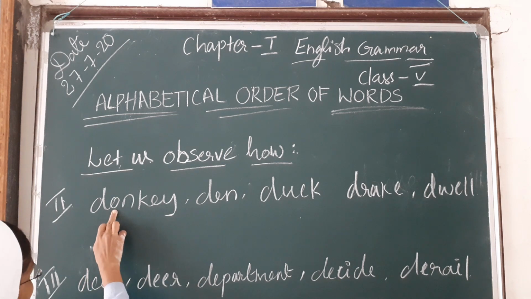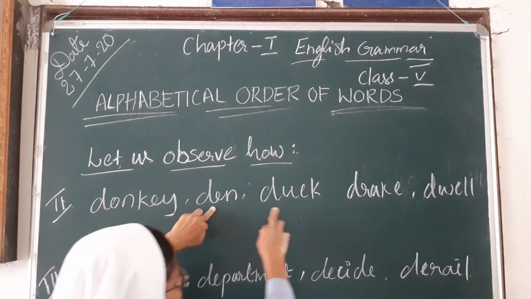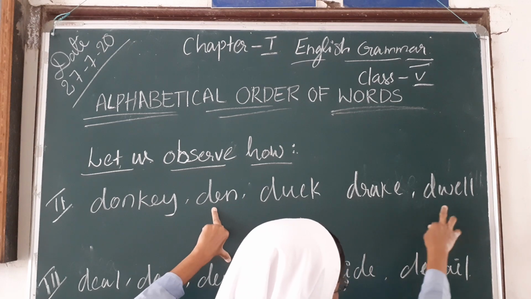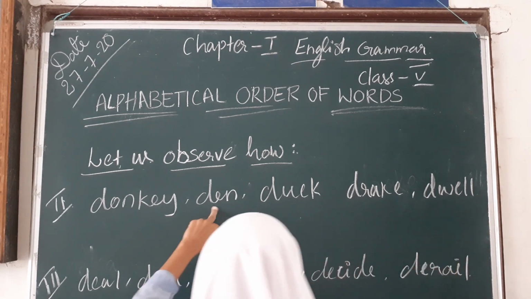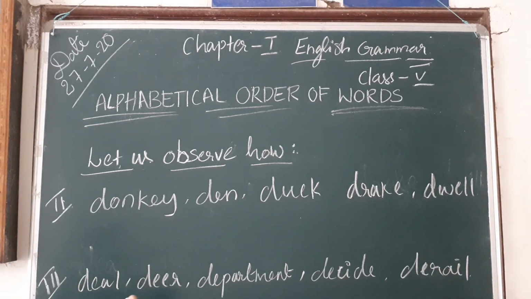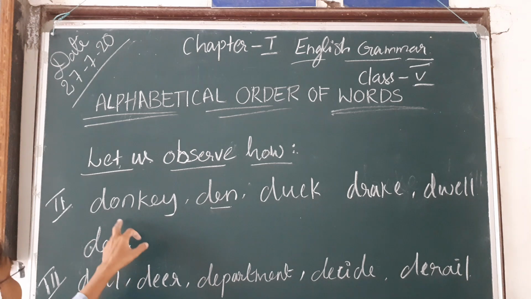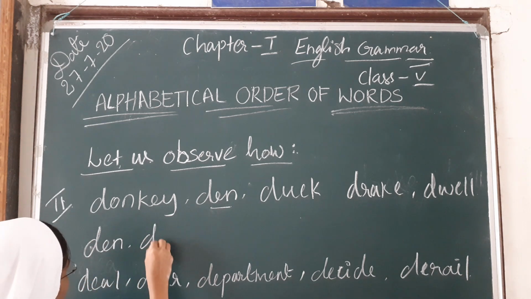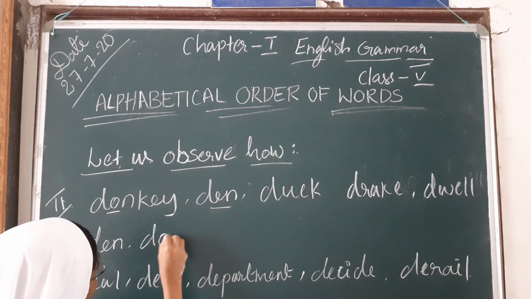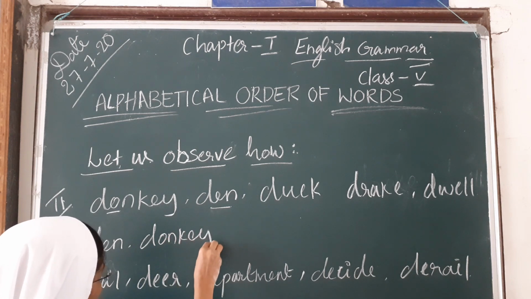First you see here O, E, U, R, W. First one comes E, den. The second comes donkey, D-O-N-K-E-Y.